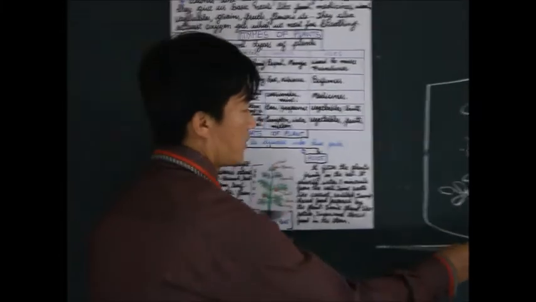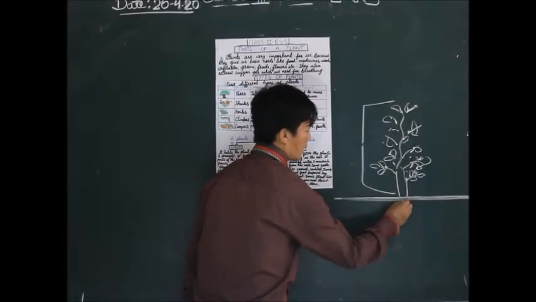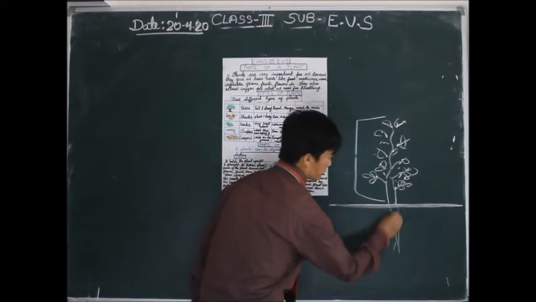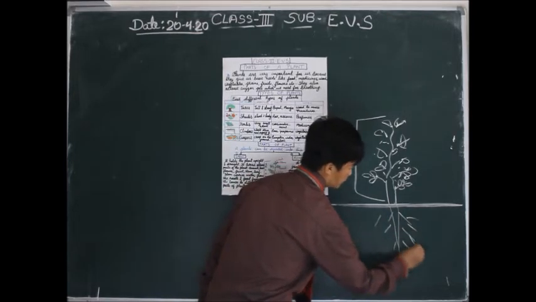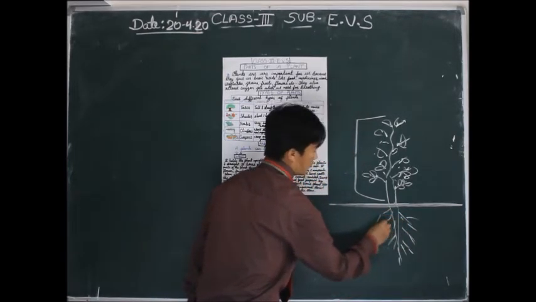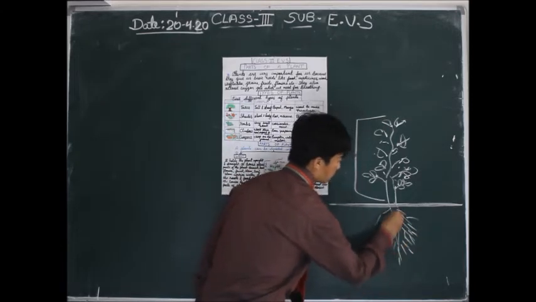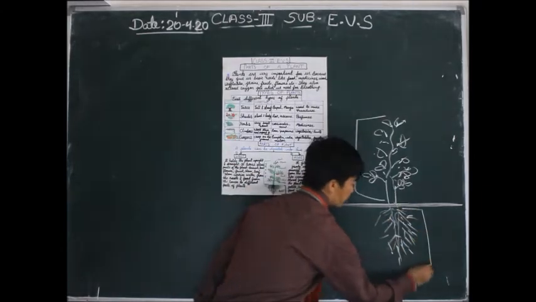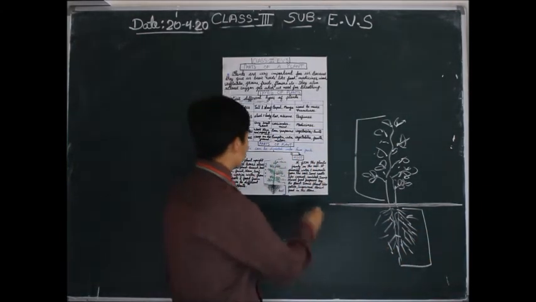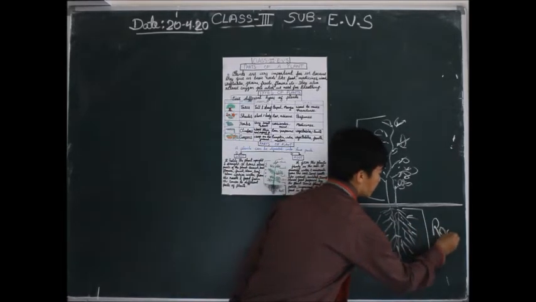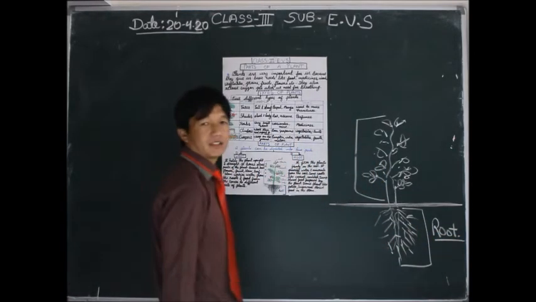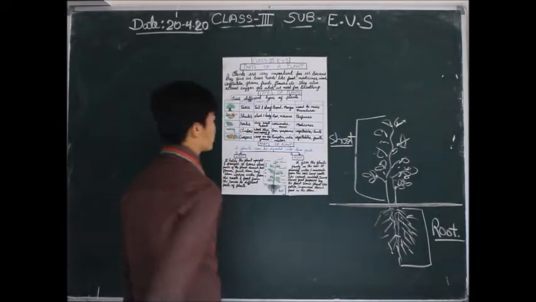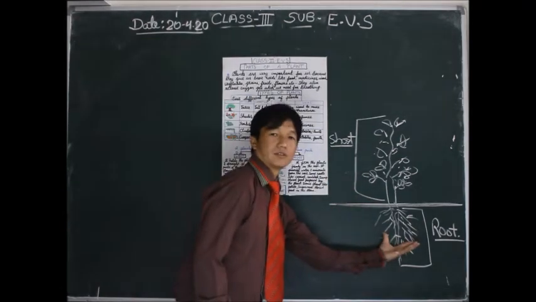And the parts of the plant which are under the ground, all these are the parts which are under the ground. These parts are called roots. This is shoot, and these are roots.